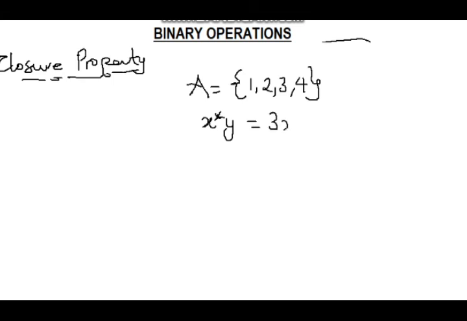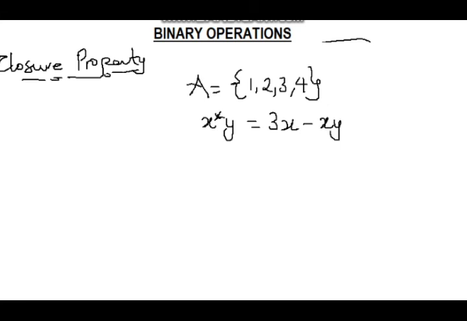As simple as that. Again, what I'm saying is, when they give you a question, let's say the binary operation star is defined on a set A. So they'll give you a set A, let's say 1, 2, 3, and 4. Then they'll tell you x star y is equal to 3x minus xy.